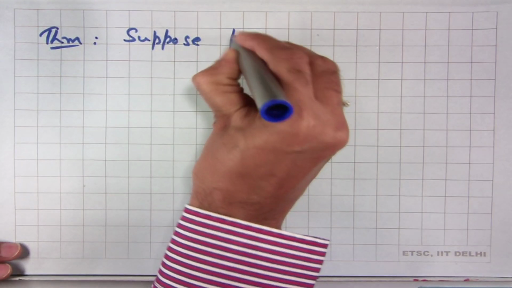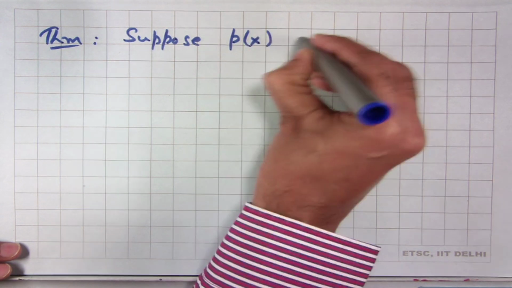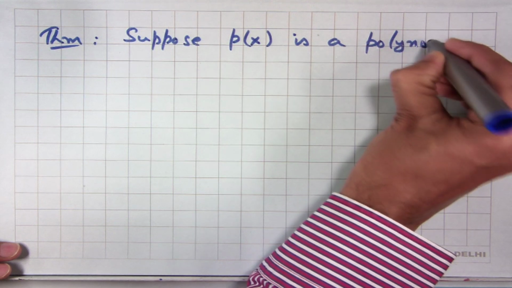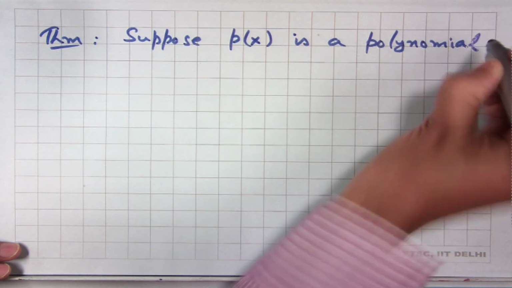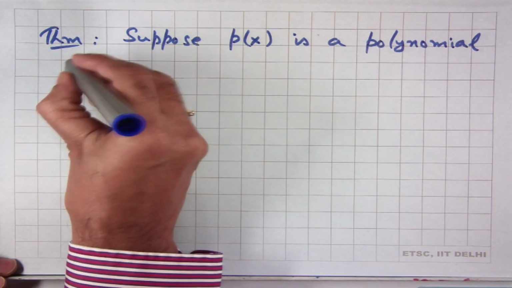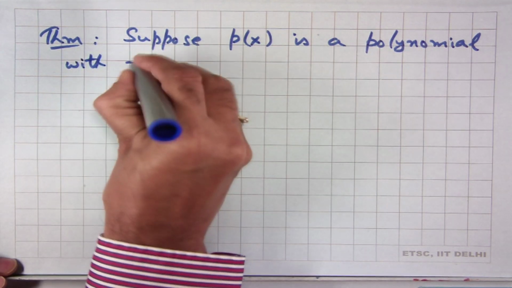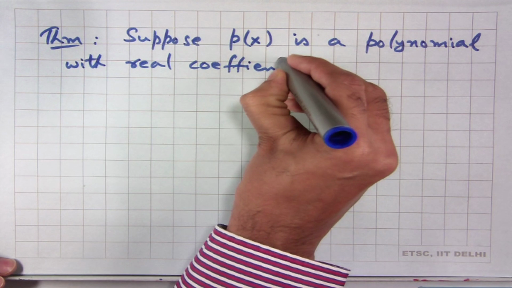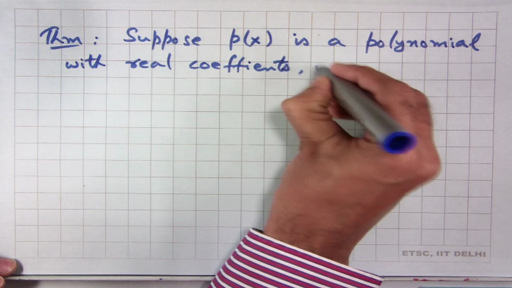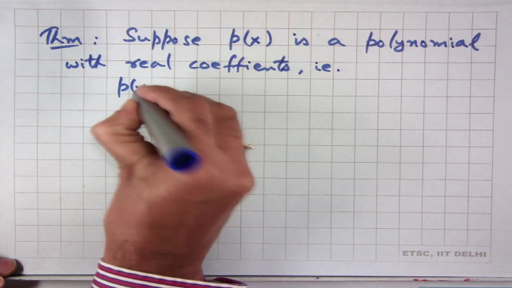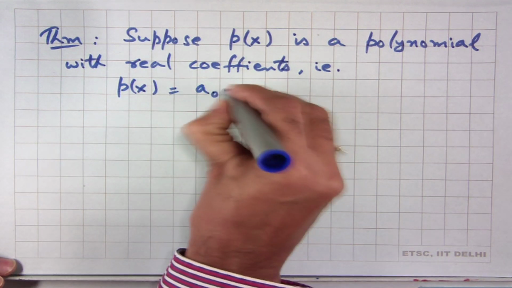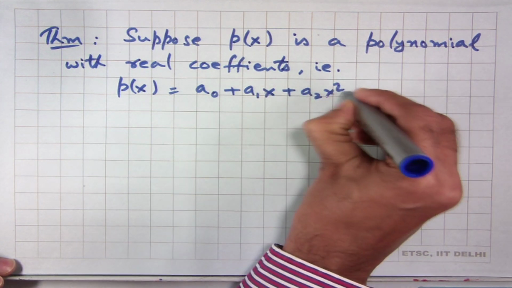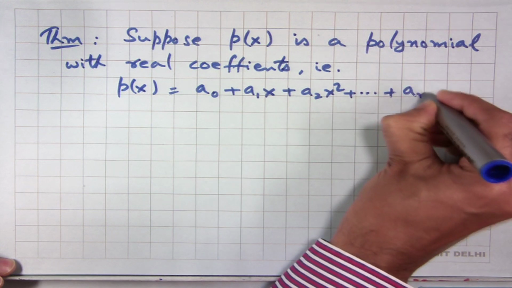So, suppose p of x is a polynomial with real coefficients, that is p of x is of the form a constant a 0 plus a 1 x plus a 2 x square, so on up to a n x to the power n.